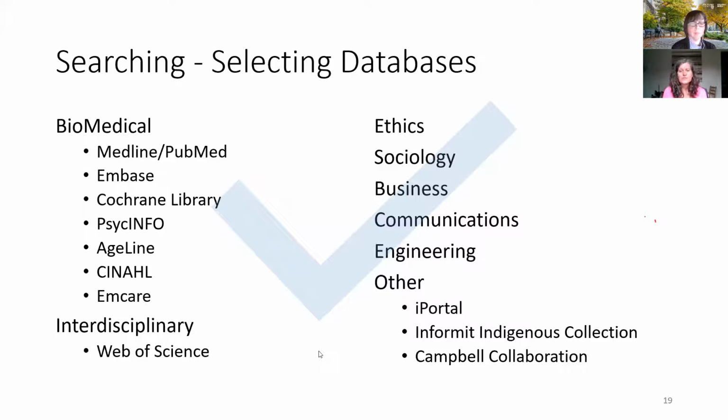Web of Science is a great one to go to. There are databases for ethics, sociology, business. There are databases for almost every discipline that we would have at the university. And there are additional ones here that are new, that are Indigenous related. So if you're doing any searching on Indigenous populations, we have additional databases for you to look at.